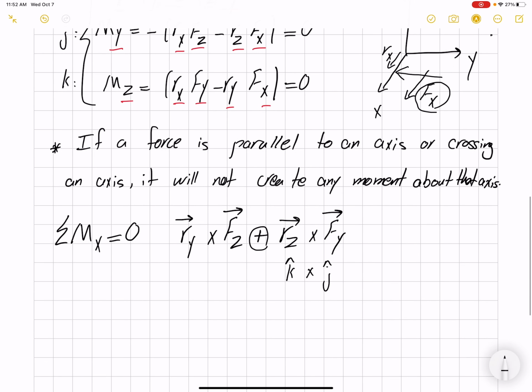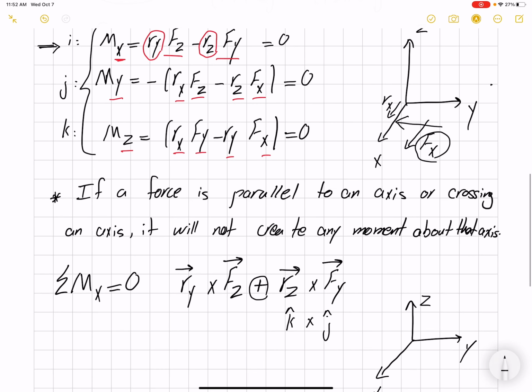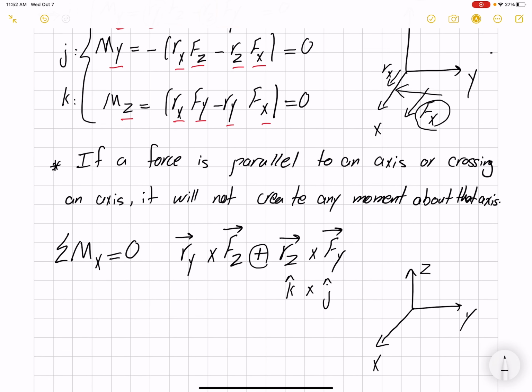And you can see why I have a negative sign. Let's say this is our x-axis. So I'm going to draw the coordinate again, x, y, and z. If I have a force Fy here, a force in the direction of y, and that force with the x-axis has an Rz. That force is creating a moment in the opposite direction of the x-axis.